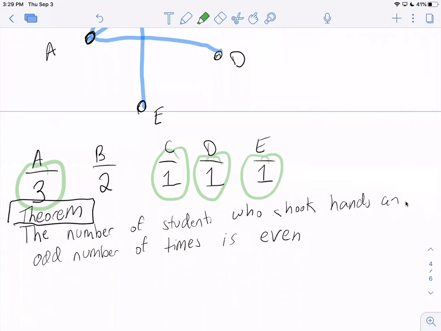So maybe draw 7 people and just draw some random edges and just have fun and see if it's always true. Maybe it's not always true. So explore a little bit. There's no equation to solve. It's just exploring and seeing what you can come up with. So I'm really excited to see what you guys come up with on Tuesday.